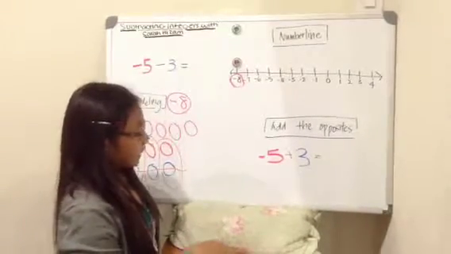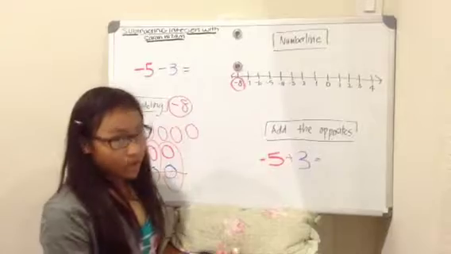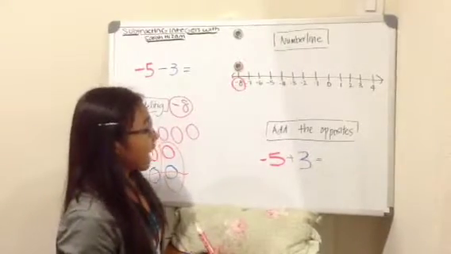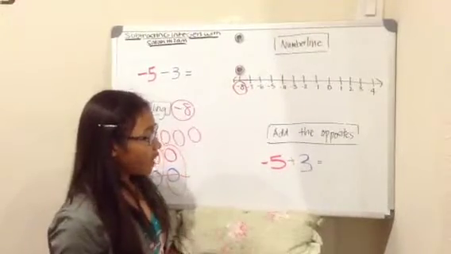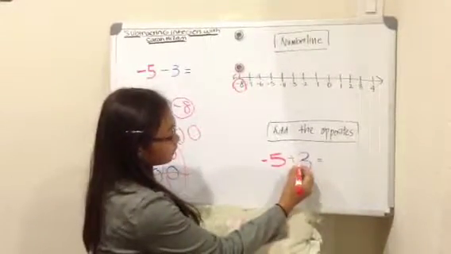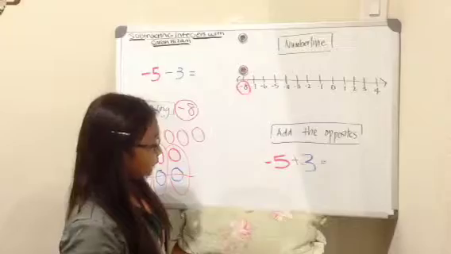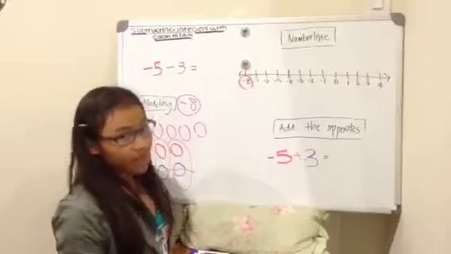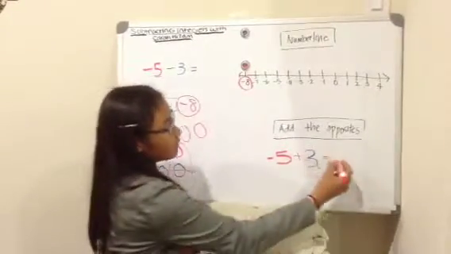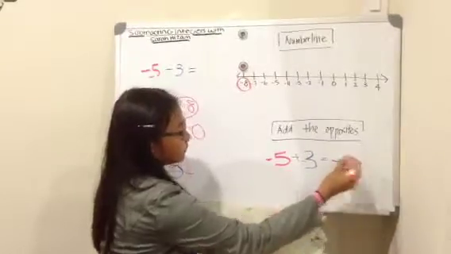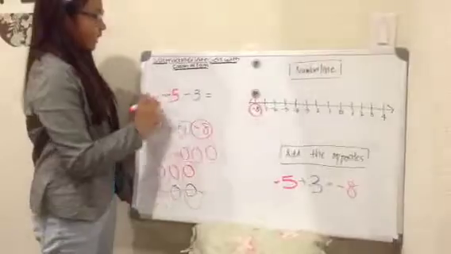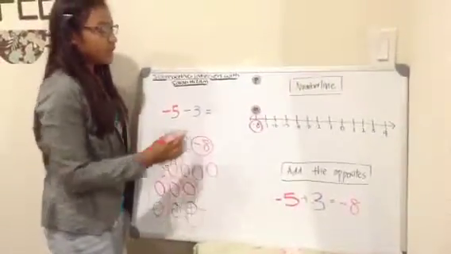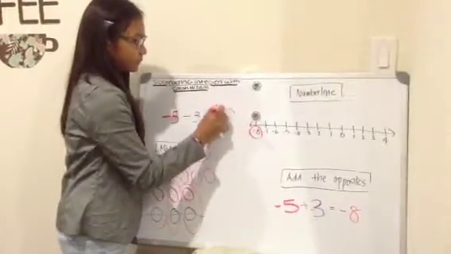For the second integer, which is positive 3, we have to add the opposite and change it into a negative 3 since it's a positive number. So altogether, it will be negative 5 plus negative 3, which equals negative 8. According to all these strategies, negative 5 minus 3 equals negative 8.